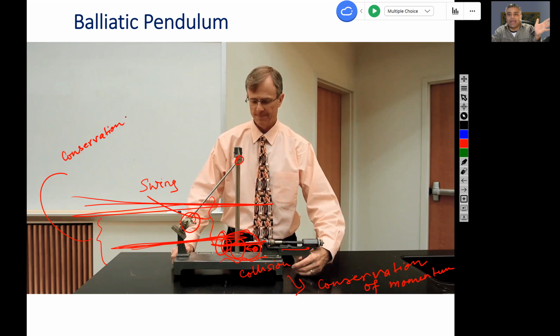We did not have to worry about the potential energy in that case. We just wrote the kinetic energy. But here, both kinetic and potential energy are changing. So for the swinging part, we can use conservation of energy, kinetic and potential energy. So that's how we solve this problem.